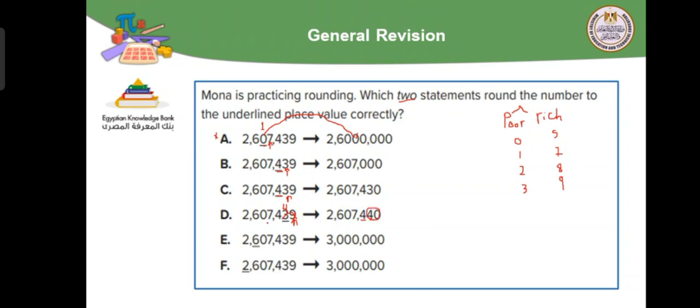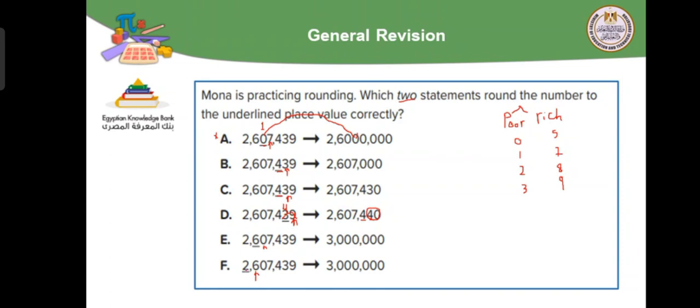Then here 6, before 6, 0. 0 is poor. Will 6 change? No. Okay, so this is not correct. This is 2 and this is 6. Will 2 change? Yes, because 6 is rich.